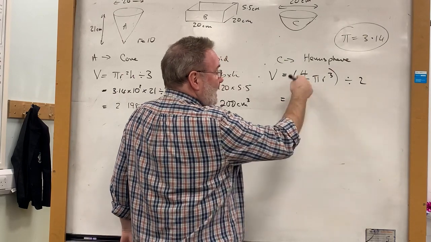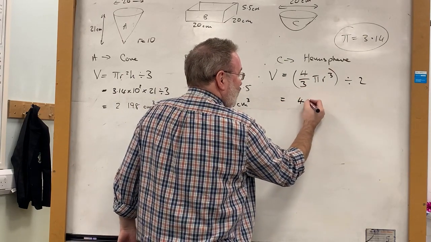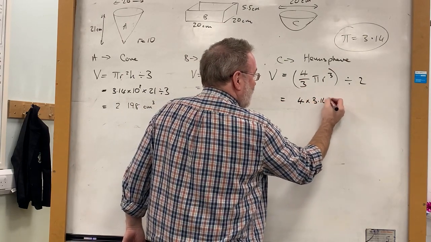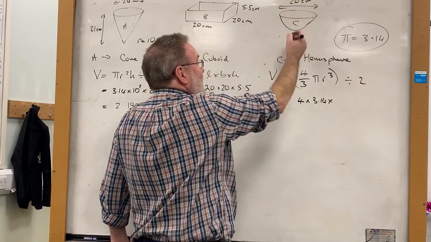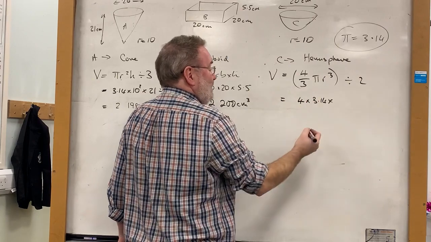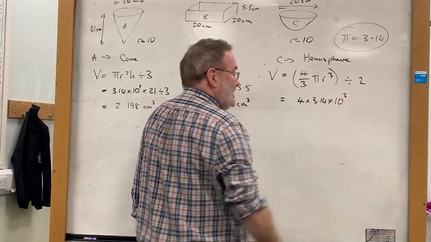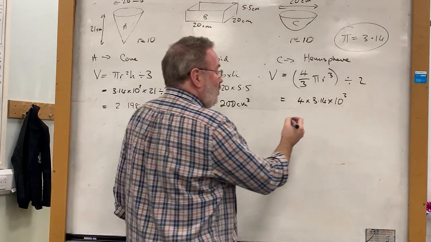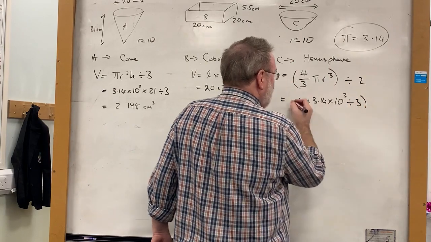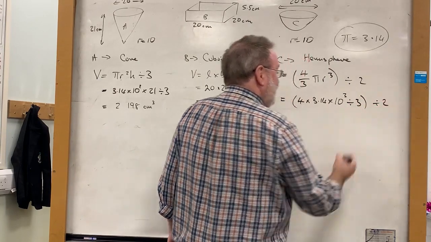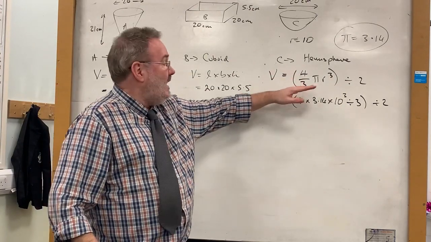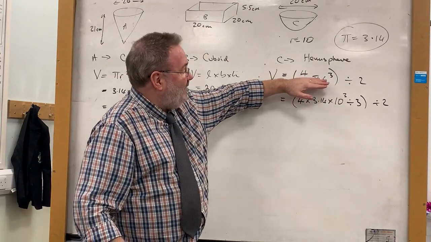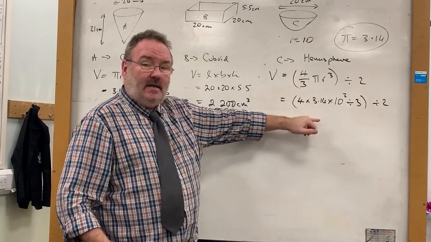Now, the way we do this is that we say 4 times 3.14 times, now again, the diameter is given here, so the radius is going to be 10. So that's going to be 10 cubed. And we're going to divide that by 3. And then when we get the answer, we're going to divide the whole answer by 2. So when you get this 4 over 3 bit, it just means multiply everything together and then divide the answer by 3.